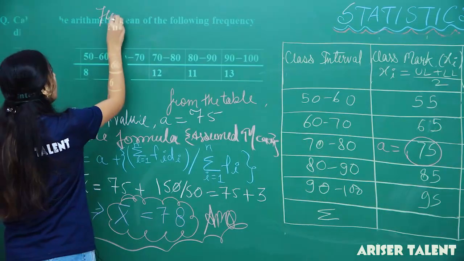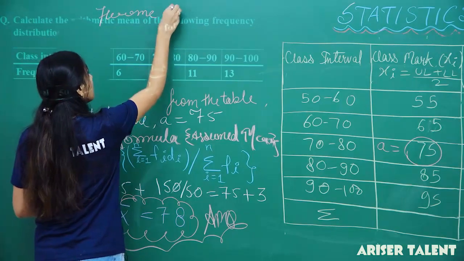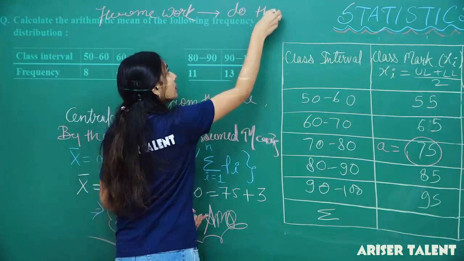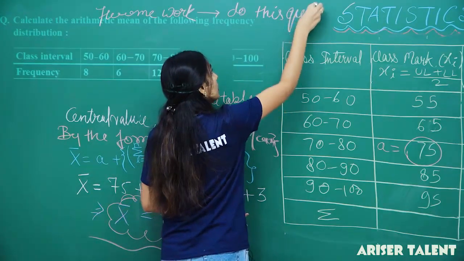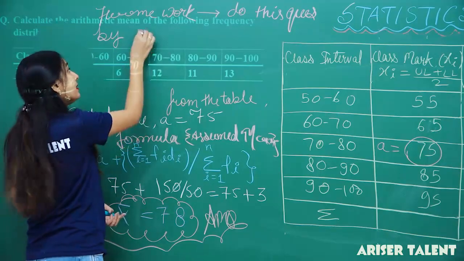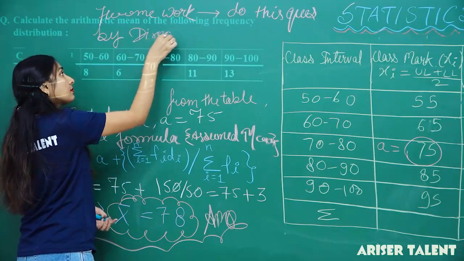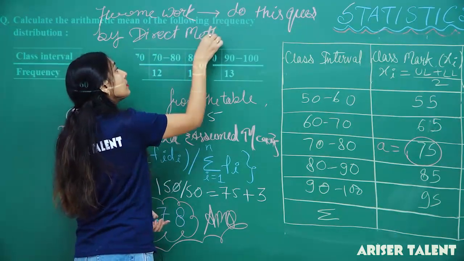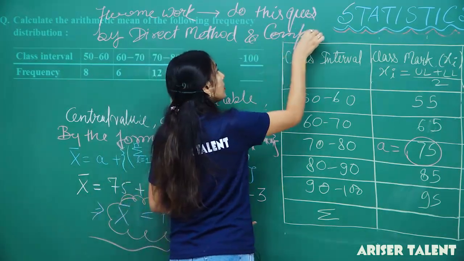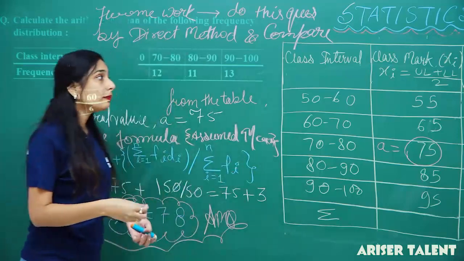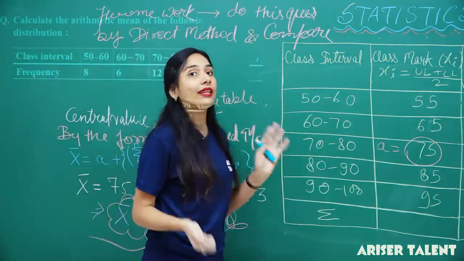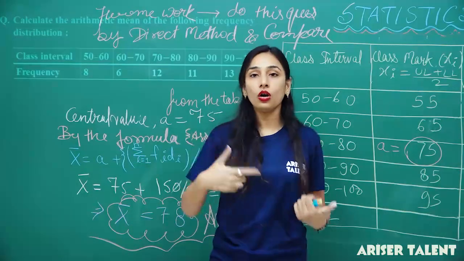Homework is to do this question by the direct method and compare which method you find better when it comes to the calculation part. Is it tedious, or the previous one?